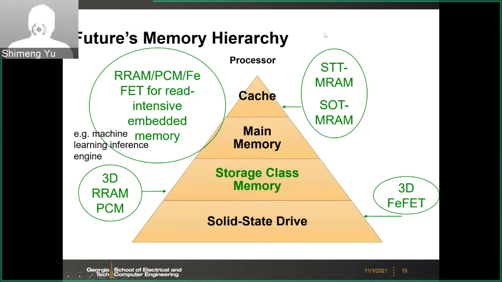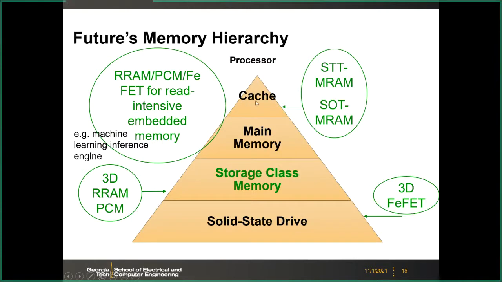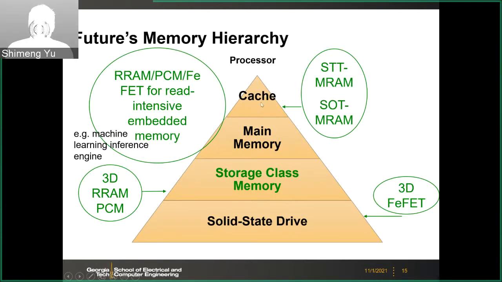All right, so let's look at the possible applications. As we discussed, it's very hard to compete with L1 or L2 cache, but STT-MRAM or SOT-MRAM may have a chance as L3 or even L4. You can create another level, L4 cache.